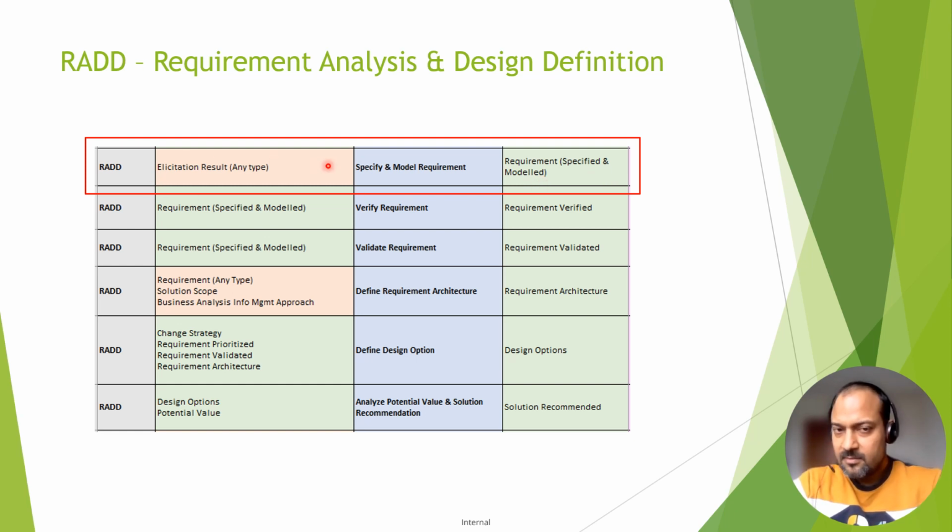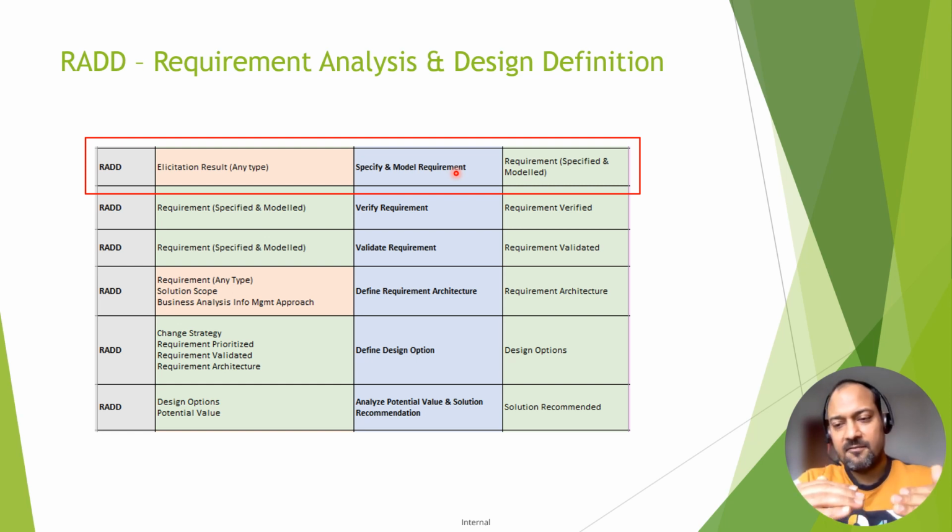Specify and model requirement goes parallel to elicitation and collaboration, and it's a good approach if a business analyst does elicitation and collaboration and at the same time does specify and model requirement, meaning detailing out the requirement based on the elicitation result.